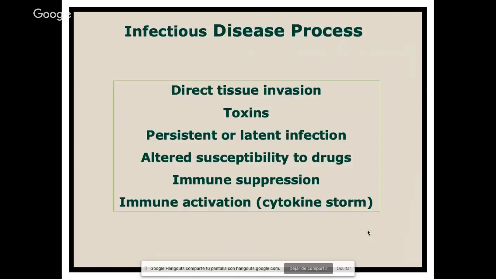The infectious disease process is direct tissue invasion, production of toxins. Then we have the persistent or latent infection, the altered susceptibility to drugs, immune suppression, immune activation with cytokine storm.